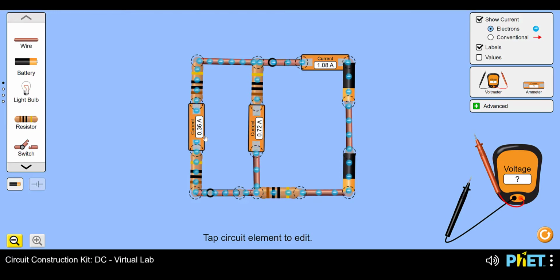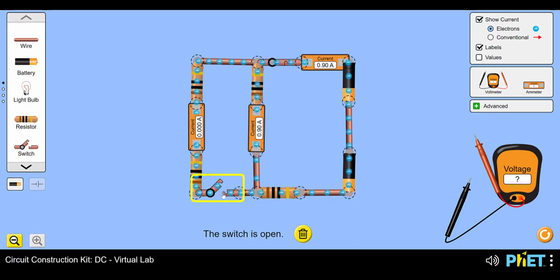Some goes through this branch and this is 0.36. You see that these two together have to equal our 1.08 amps. So we're using Kirchhoff's junction rule that the current into this junction equals the current flowing out. At this junction down here, we can see that these two add up together to give the current flowing out of the junction here, and that this again has to add up to 1.08 amps.